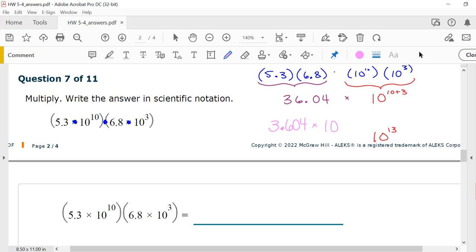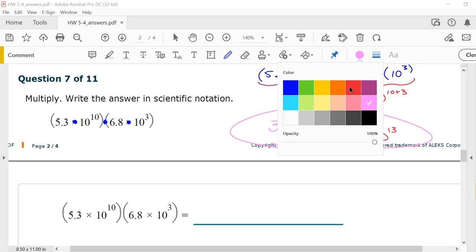If it's 36.04 and I put the decimal point here, I need to move it one place to the right. So that would be times 10 to the 1. 3.604 times 10 to the 1 is the same as 36.04. All right, so here's what I have right now.